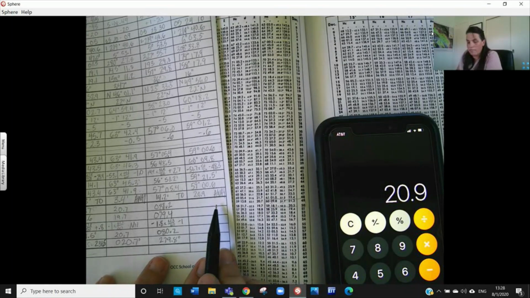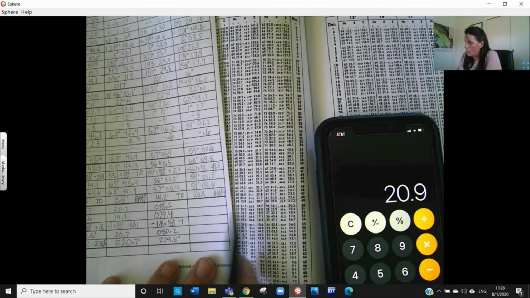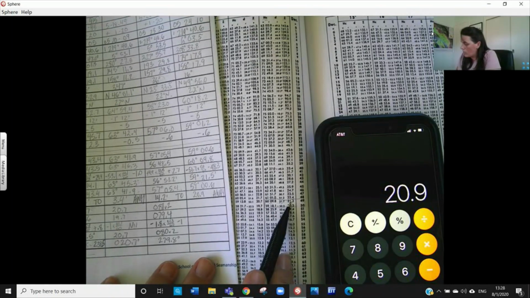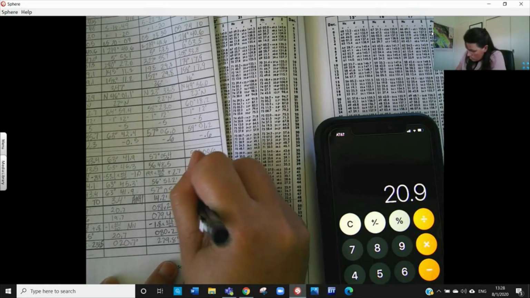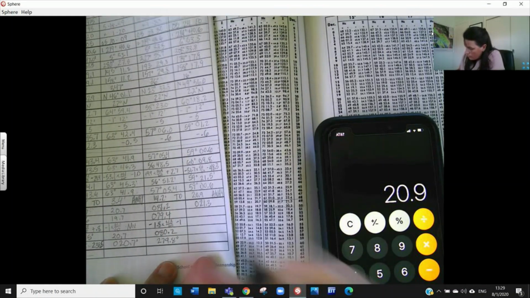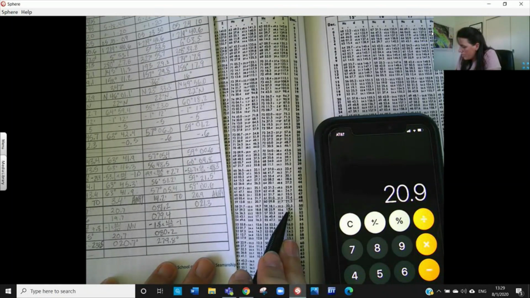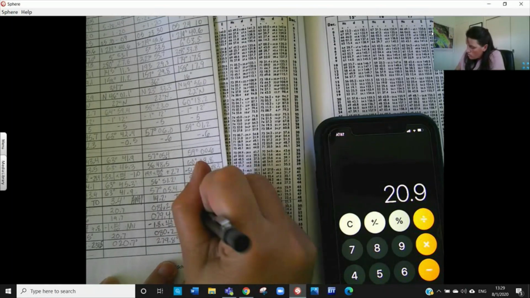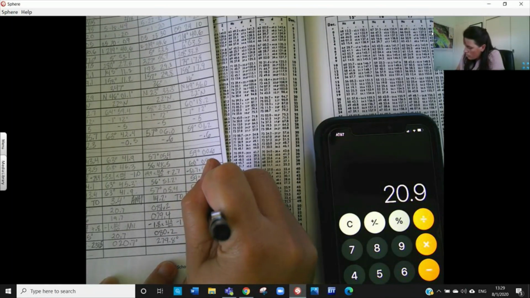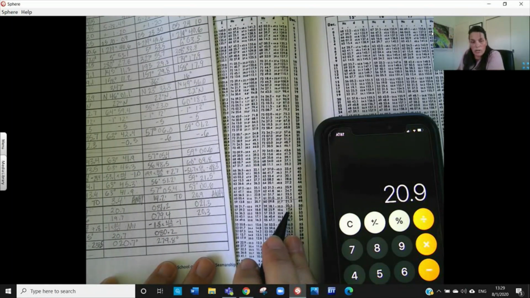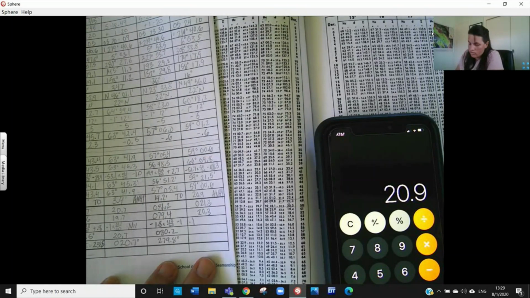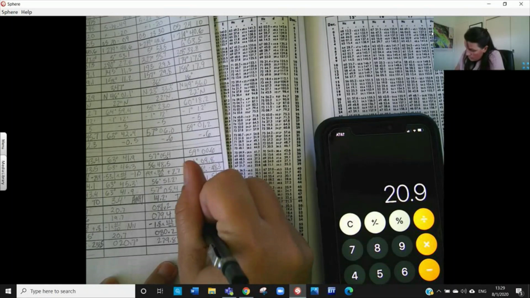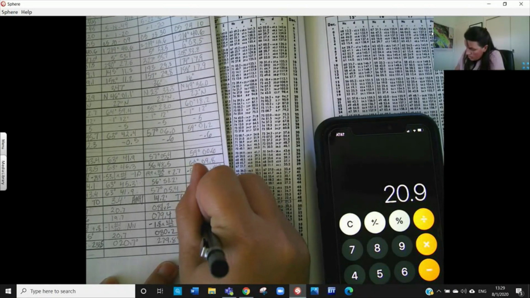Now I need to get my Z and ZN. So my Z at 49 was 21.3. And my Z at 50, 49 and 50 was 20.3. So my difference is subtracting 1 times my 56/60th.